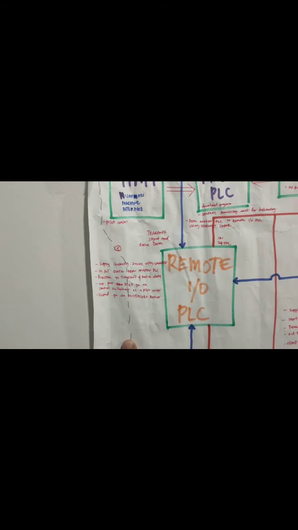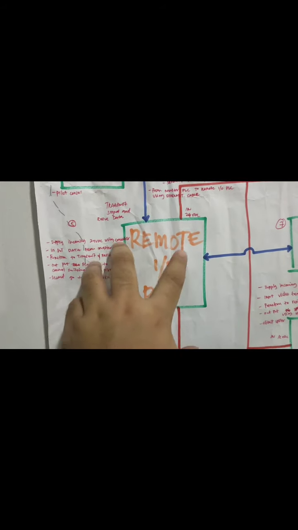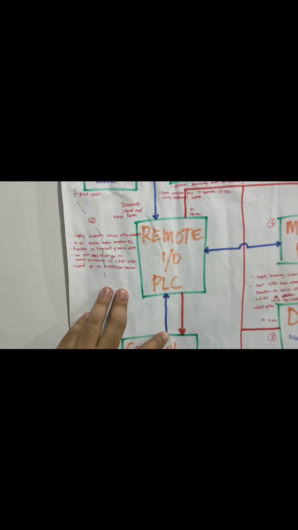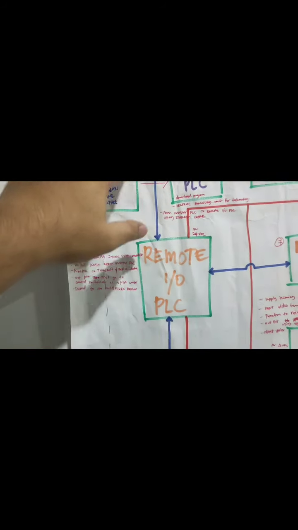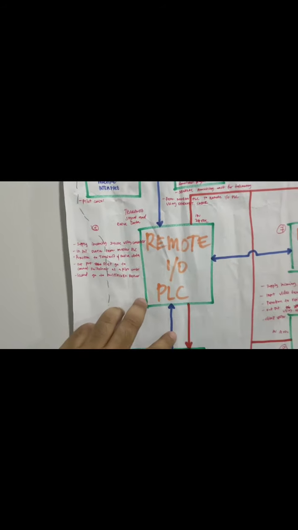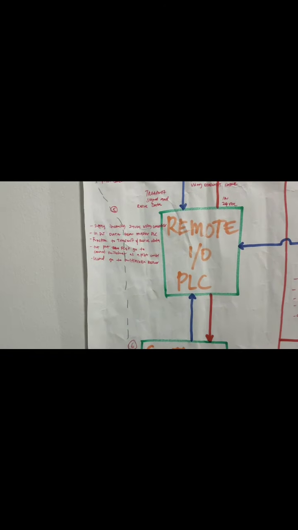For the remote I/O PLC, the supply is 24 DC volt, and the input is from the control PLC. The output will be to the control switcher, and the client will be the control switcher also.